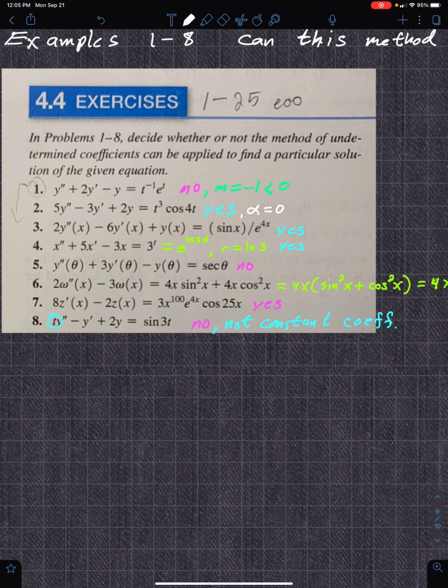The third is sine x, and then e to the 4x. Well, you can write that just as e to the negative 4x, and then your alpha is negative 4. Next one, this one's not as obvious. How do you write 3 to the t? Well, if you write that as e to the ln 3 t, then your r is ln 3.